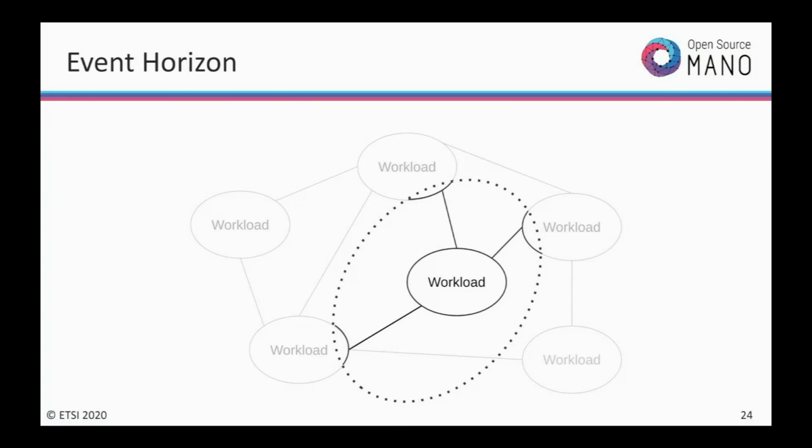And so that is really important in terms of simplifying the experience of the developer, because by definition they write code which is reusable, right? This workload could be in many different graphs. It is unaware of everything else that's happening in the graph. It's only aware of the things directly connected to it.